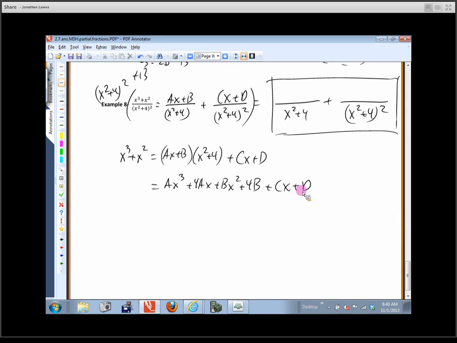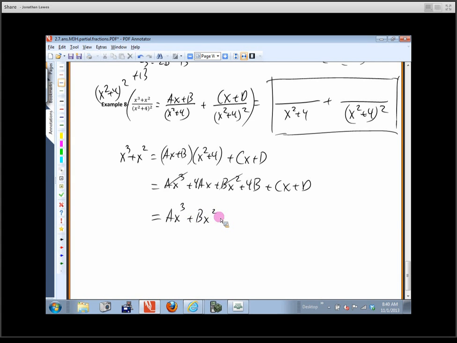Any questions? Okay, I think you'll be surprised how easy this is. This is actually one of the easiest ones in the notes. Okay, how many x cubed terms do we have? Only one, ax cubed. How many x squared terms do we have? Just one, bx squared.